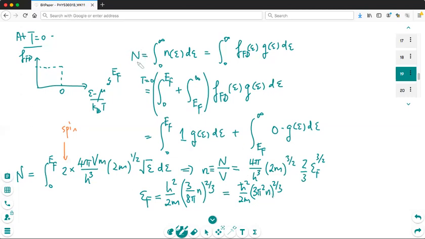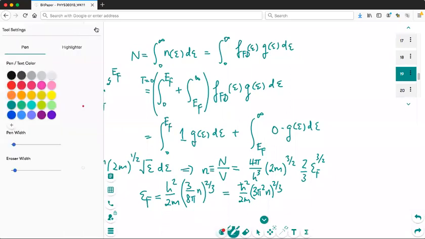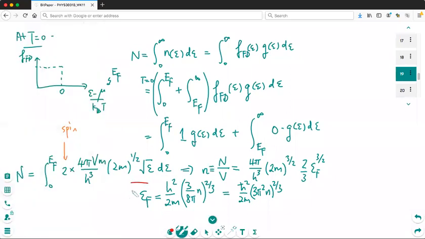So when you have larger capital N, you have larger density n, and that is the way that you can boost the Fermi energy. This has to make sense, but it doesn't go linearly. It goes with this kind of power. Let me box it for you, this Fermi energy.